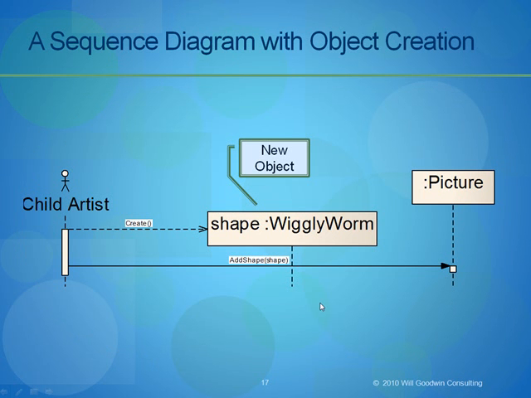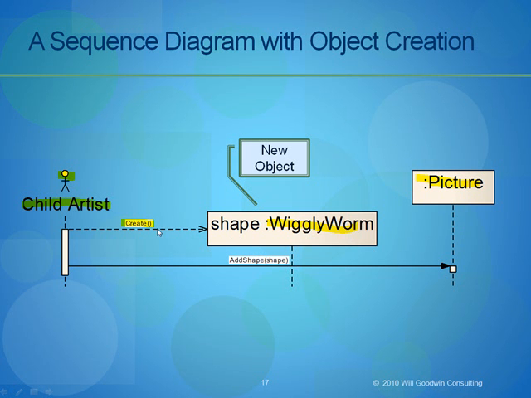Now here's an example of our child artist actor being creative and creating a new shape, creating a wiggly worm. Notice the wiggly worm object box is below the actor and below the picture object.